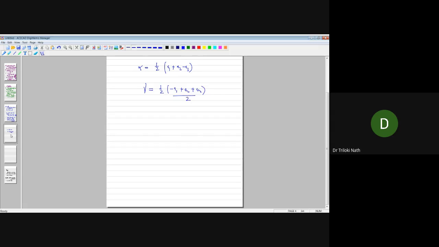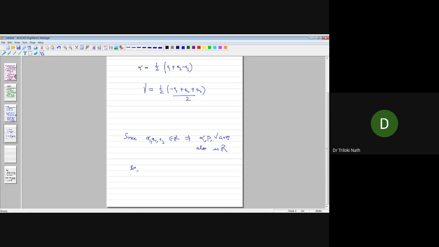So we can find alpha, beta, gamma in terms of A1, A2, A3. Because A1, A2, A3 are real numbers, alpha, beta, gamma are also real numbers.